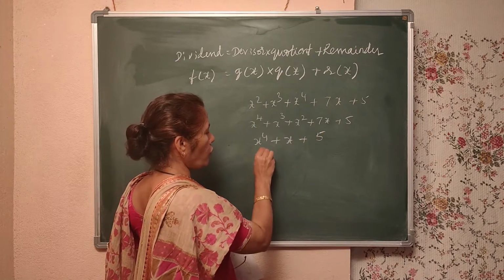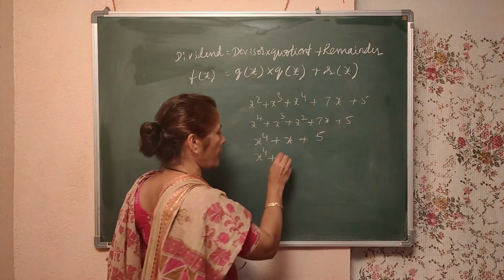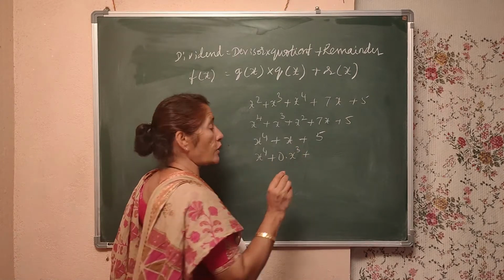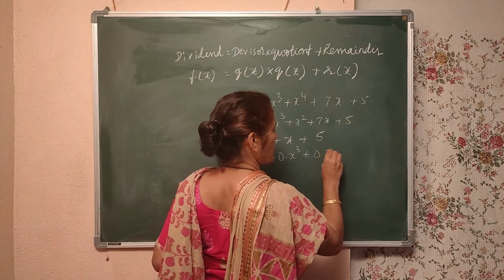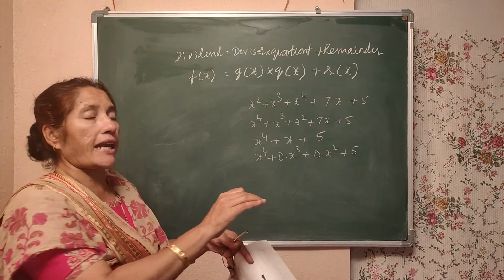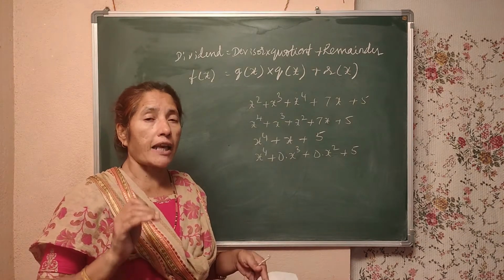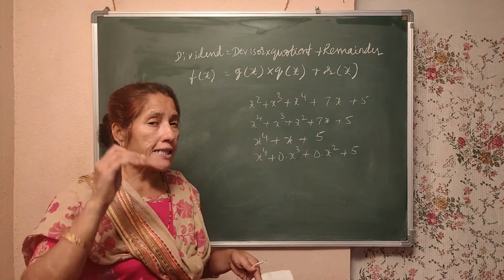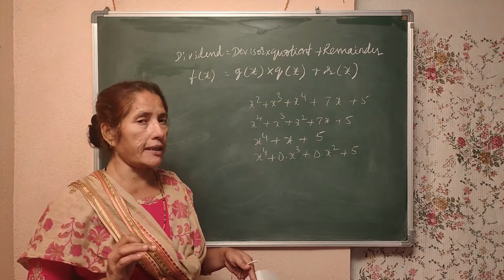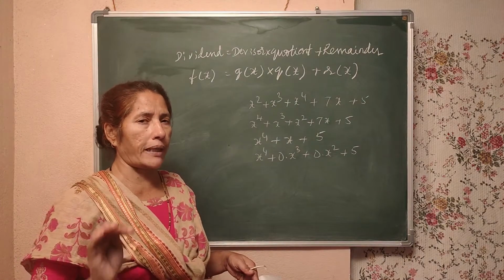X to the power of 4, and after 4, 3 has to come. 3 is not there, so you write 0 into x cube, plus again x square is not there, 0 into x square, plus x plus 5. Like this you have to arrange in the descending order of the powers, and if any powers are missing, you put 0 into that power. Is that clear? That is the first point you have to remember while dividing the polynomial.